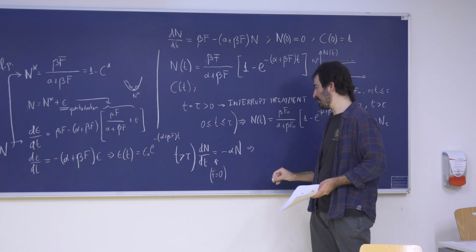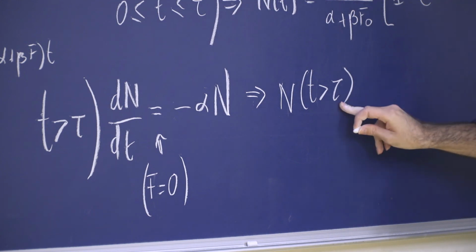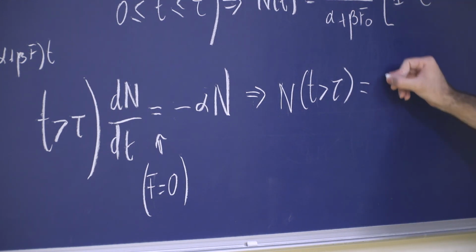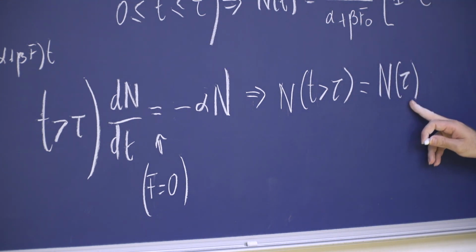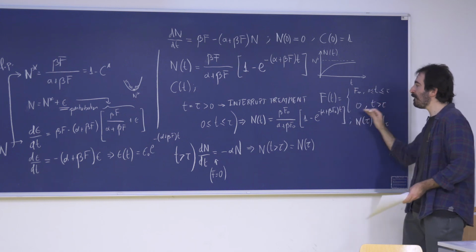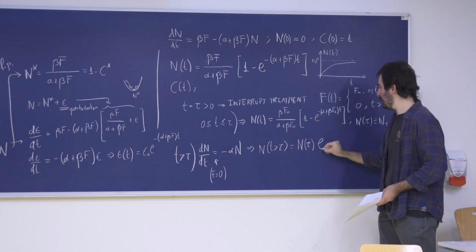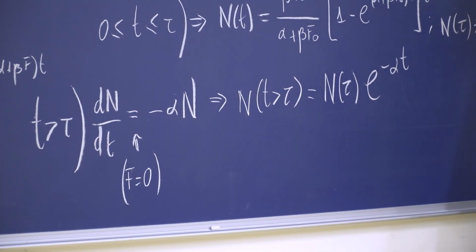But this equation is pretty straightforward. Again, I'm going to be writing t larger than tau here, so there's no confusion. Careful here, the initial condition is exactly the one that we were left off with before we entered this regime, and then e to the minus alpha t. So this is our solution for t larger than tau.